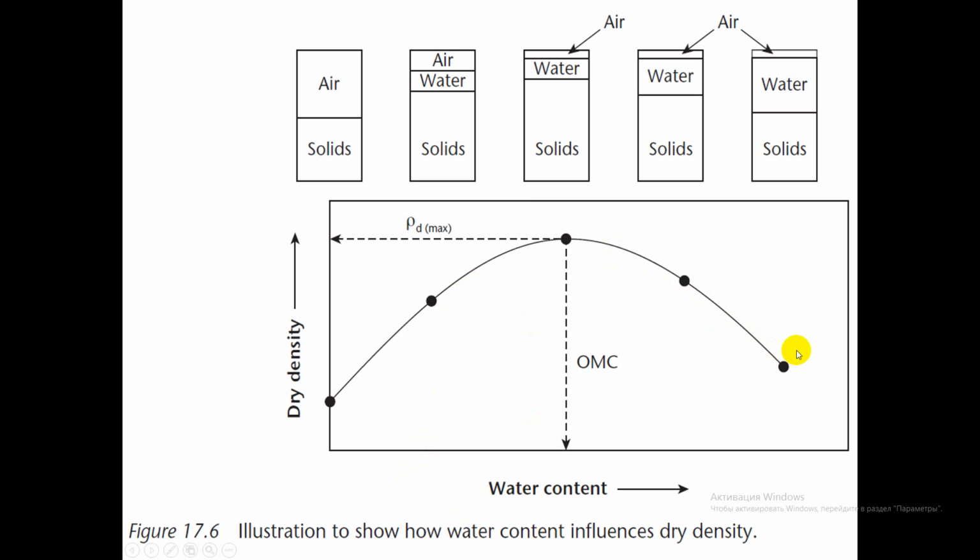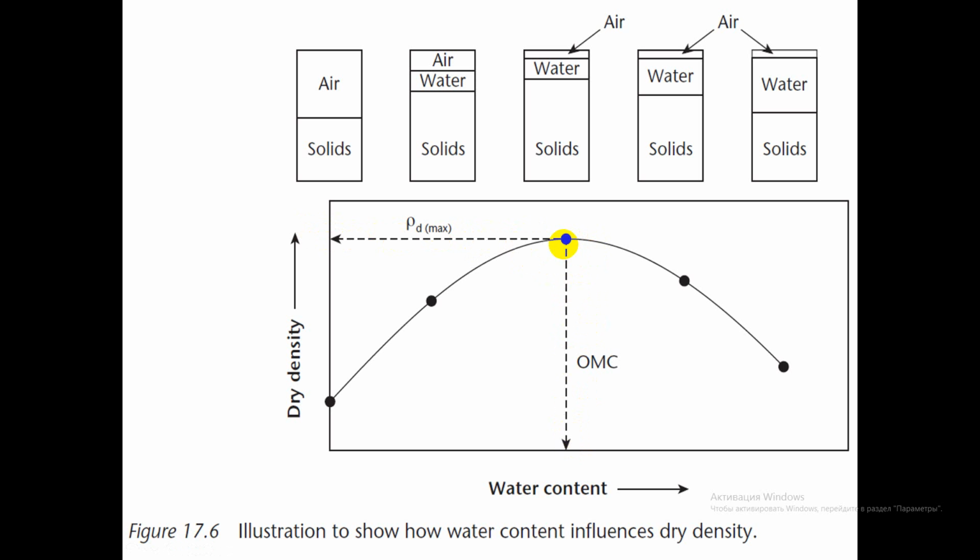Optimum moisture content occurs when the compacted dry density is at the maximum. Here you can see the optimum moisture content.